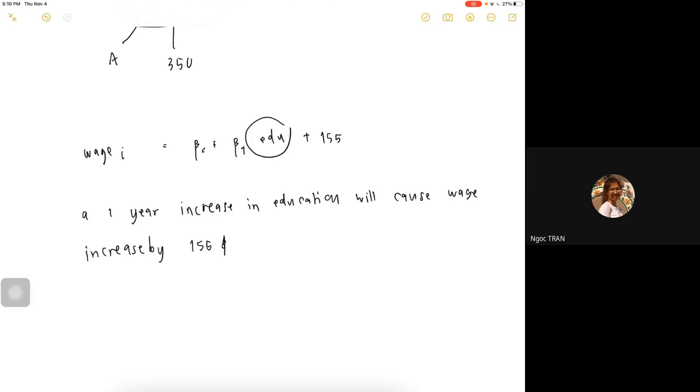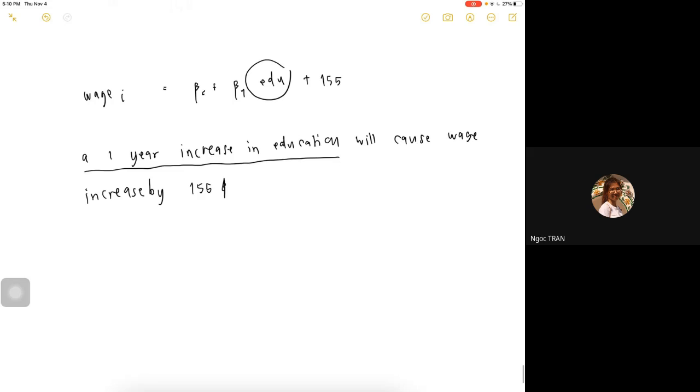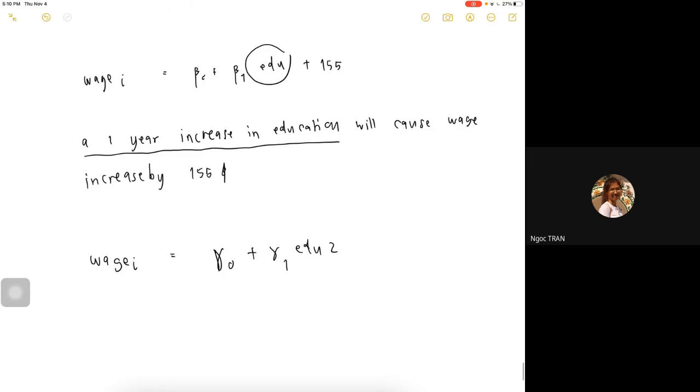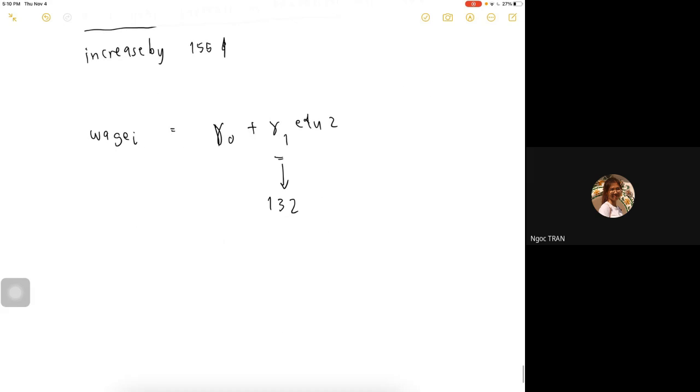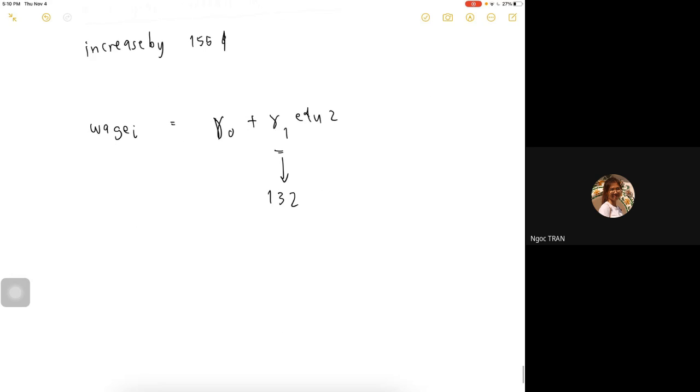You are saying that a 1 year increase in education, but in this case, our education variable is different. I use gamma 0 plus gamma 1 times education 2 here, right? And our gamma 1 here is equal to 190, 132, I'm sorry.